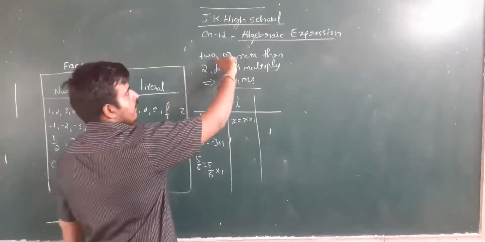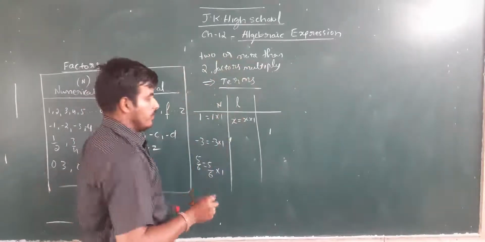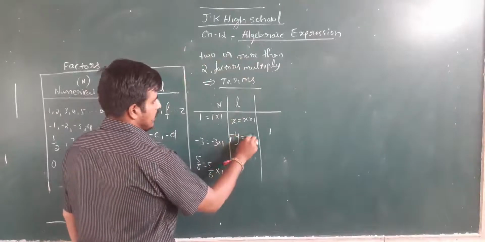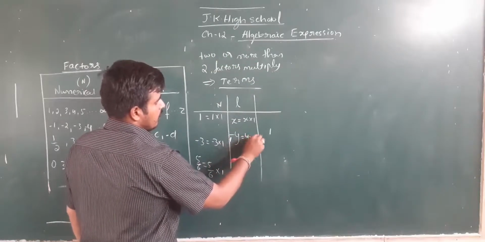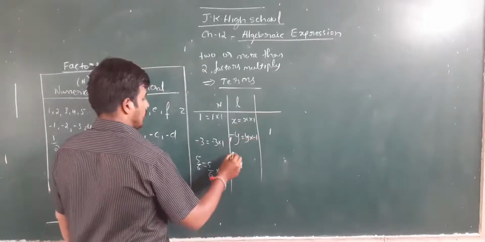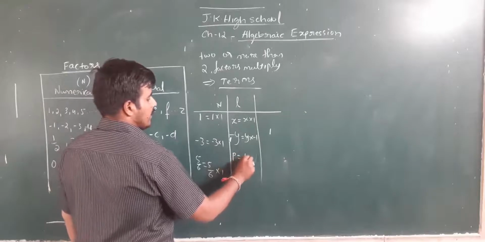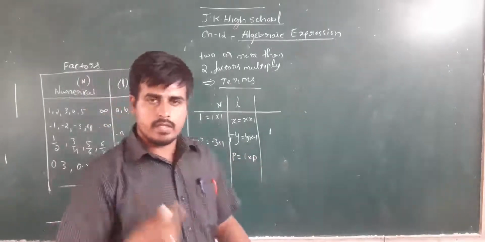So whenever two or more than two factors multiply, it gives you terms. Say -y, that is -y into -1. Okay, then we can take p. p can be expressed as 1 into p. So every letter and every number is a term in itself.